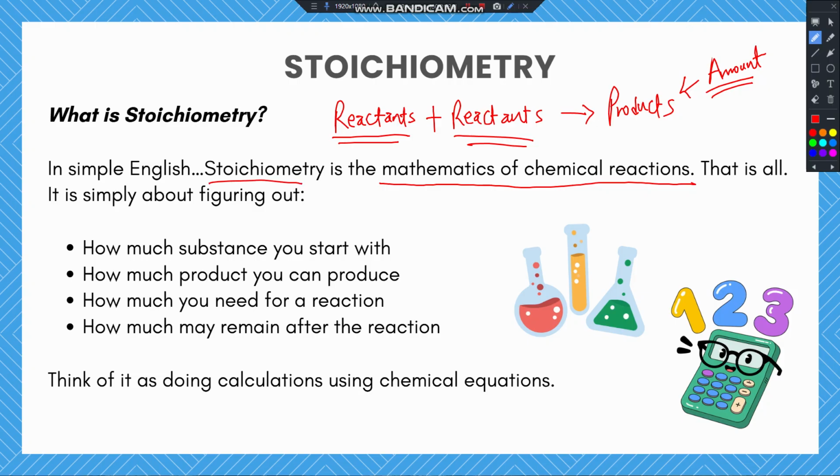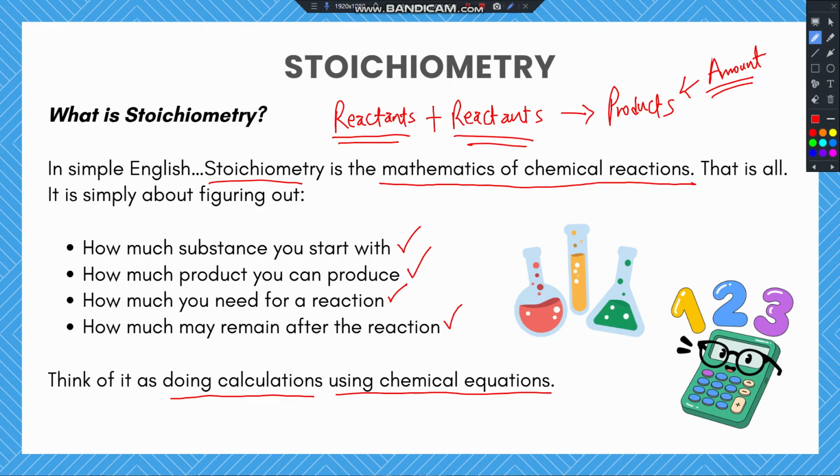So stoichiometry is about figuring out first how much of the substances you are starting with, how many products you can produce, how much you need for a reaction to take place, and then how much may remain after the reaction has fully occurred.